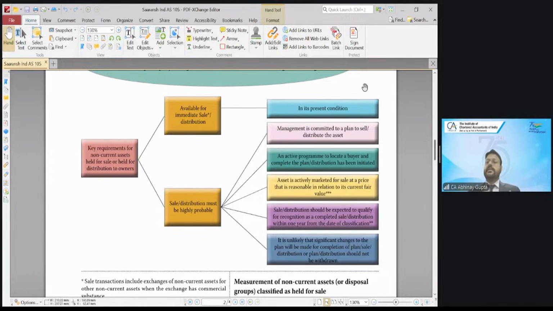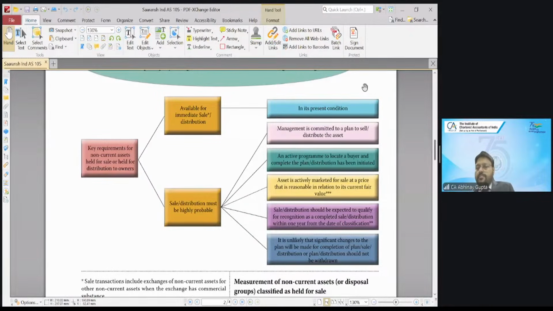If there is any resolution passed in the board meeting where the board of directors have approved the same, yes, we are all okay to plan to sell these assets, then it shows the management's commitment. Until then, we cannot say that management is committed, right? So these are the evidences or proofs which will substantiate the commitment of the management, right?